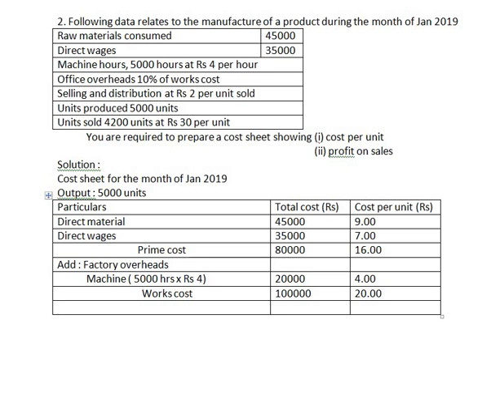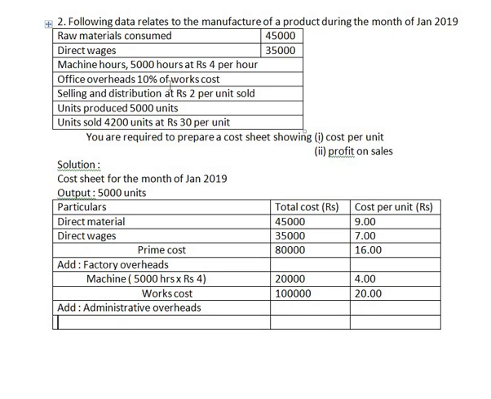Now next we need to add administrative overheads. What they have given? Office overheads, 10% of works cost. You can show the calculation in bracket here. Works cost is 1 lakh, into 10%.